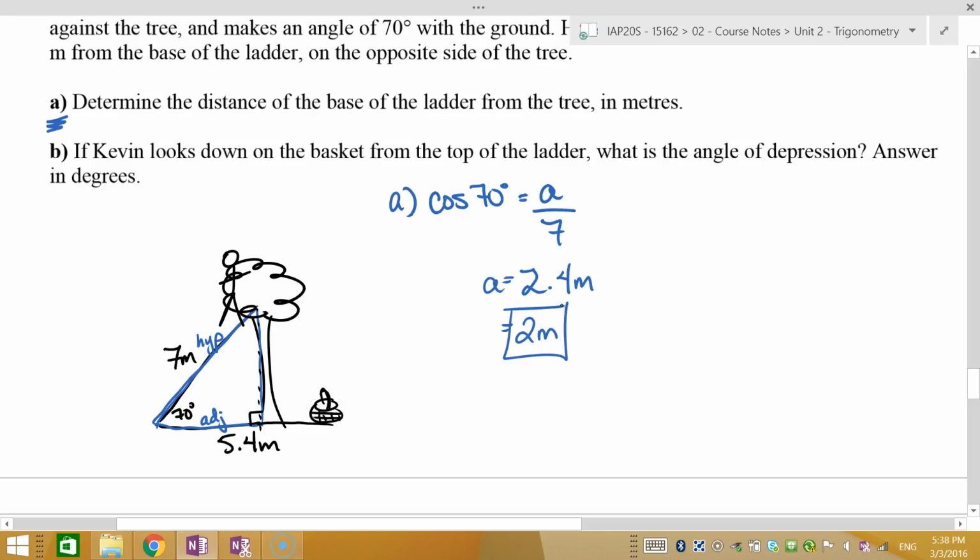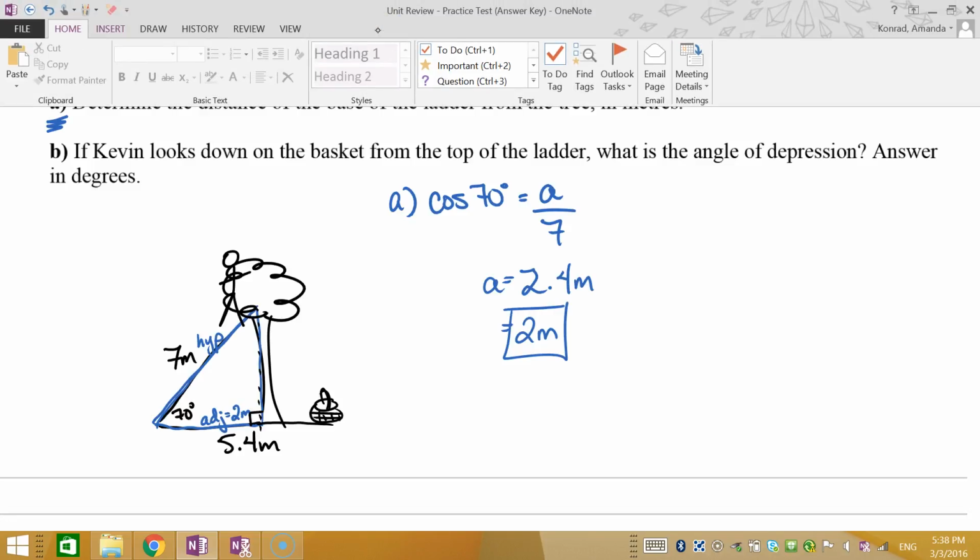Part B is a little bit trickier. So we know that this is 2 meters. Now I'm going to switch to green, just to differentiate. We know that this section here is 2 meters. Then we should be able to figure out this distance here.